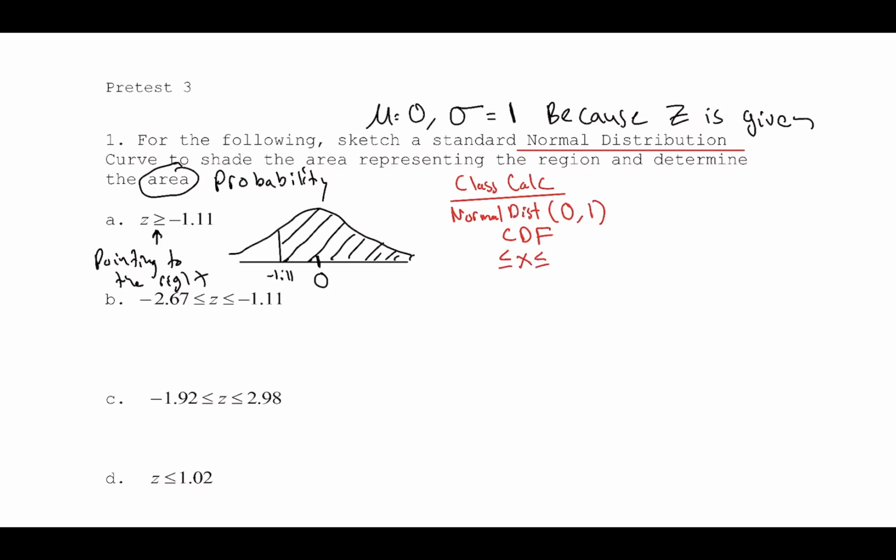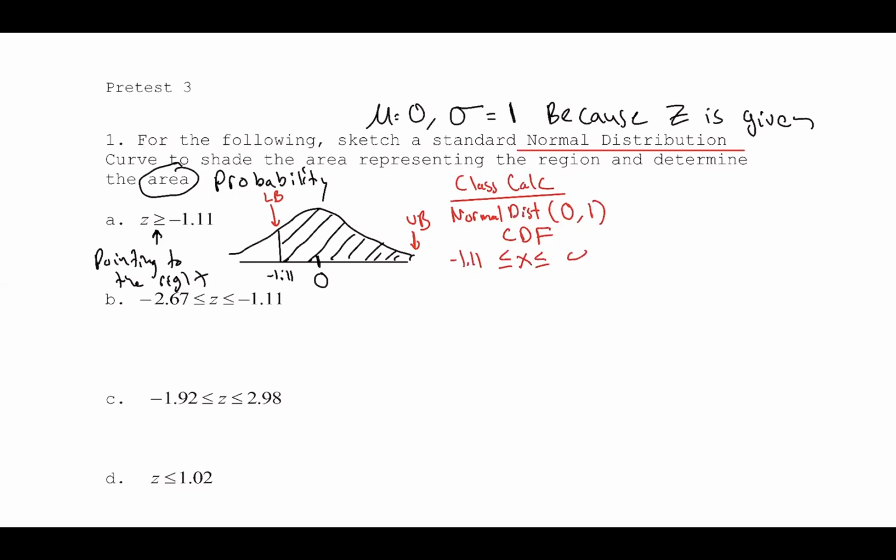For the CDF, once you press it, you have to tell it the lower bound and the upper bound. Remember, you look at what area you shaded. The lower bound is always the lowest value that you shaded on the left-hand side. Your upper bound will be the highest value that you shaded on the right-hand side. So the lower bound will be negative 1.11.